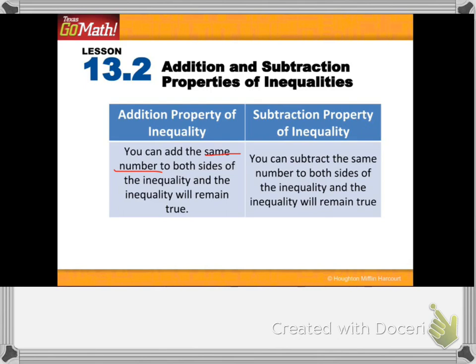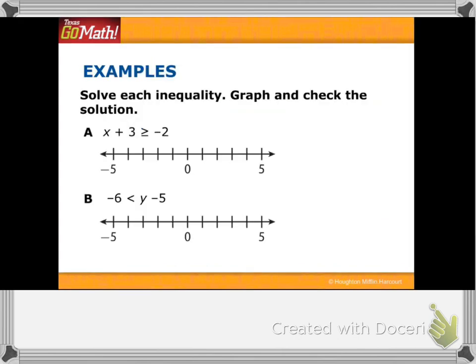The subtraction property says that you can subtract the same number from both sides of the inequality and the inequality will remain true. So if you add or subtract the same amount on both sides of the inequality, it is still a true statement.